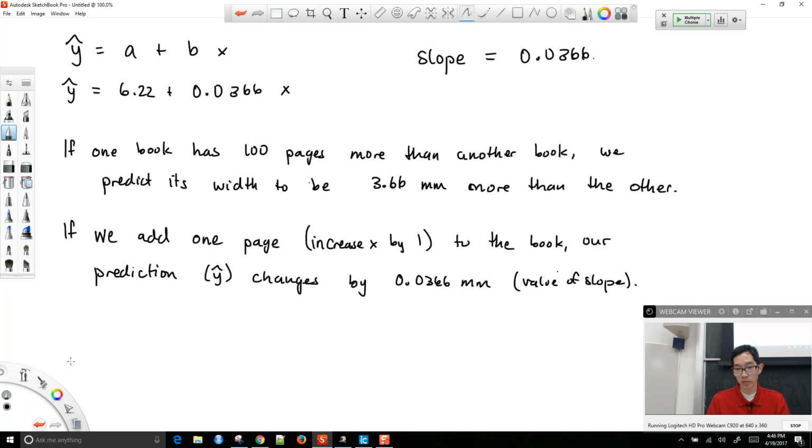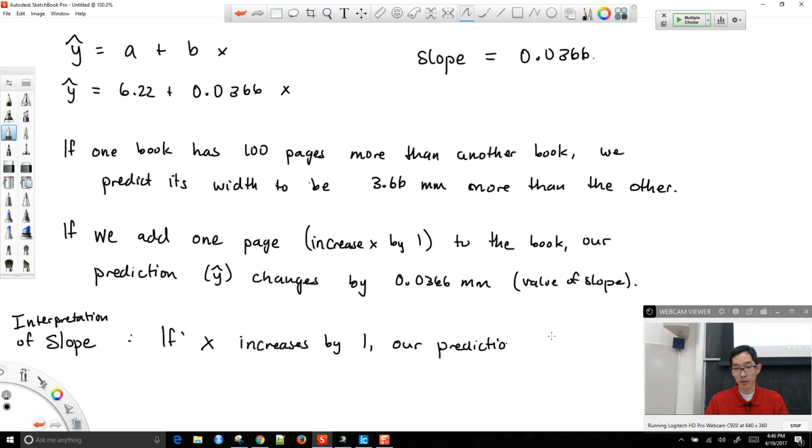So the interpretation of the slope is basically: if x increases by 1, our prediction for y changes by the amount of the slope.